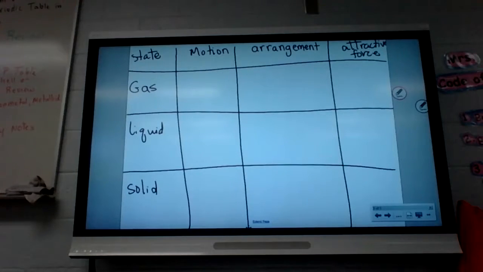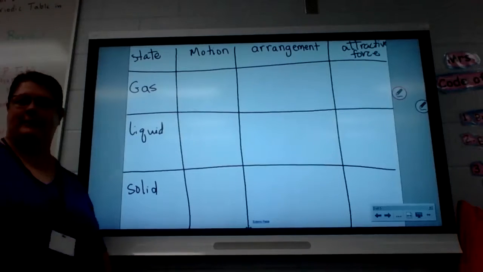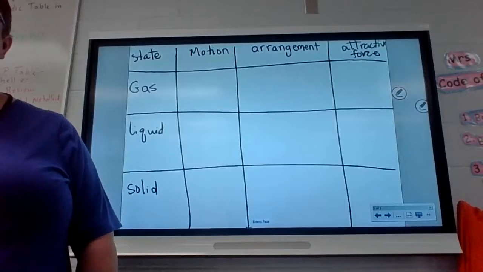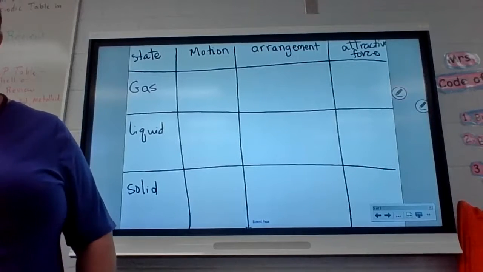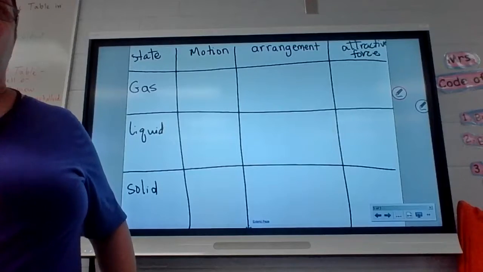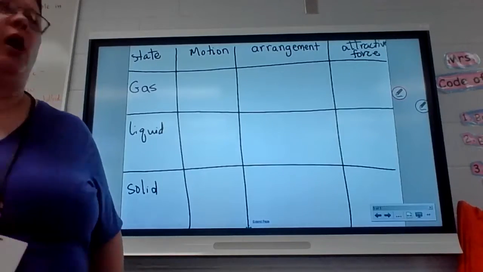All right, so tell me about the motion of a gas. A lot. Why would it move a lot? The particles are what? Are they close together or far apart? All right.